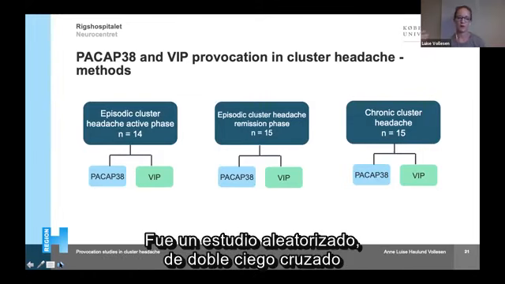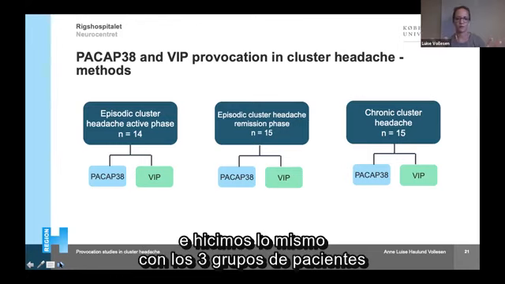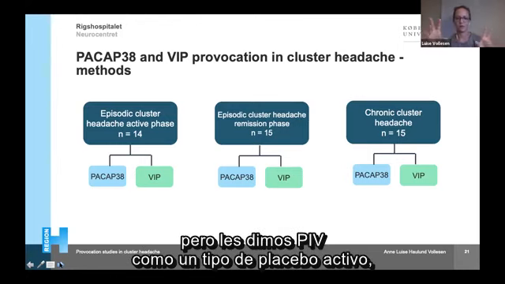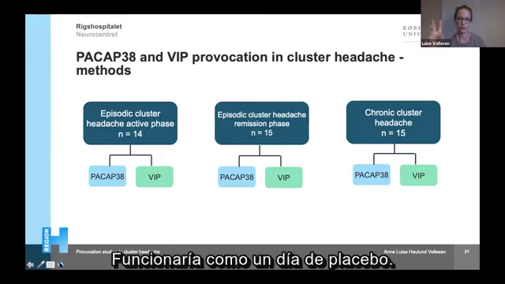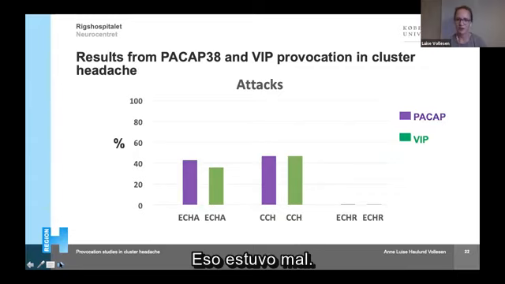It was still a randomized double-blind crossover study. And we did the same with the 3 groups of patients, but we gave VIP as an active placebo. And our hypothesis was that it would not induce attacks, so it would serve as a placebo day. Turned out that was wrong.